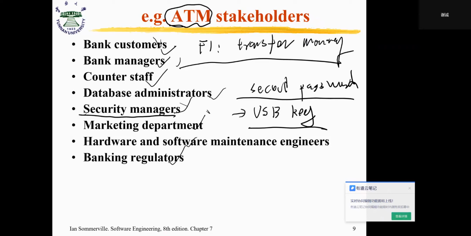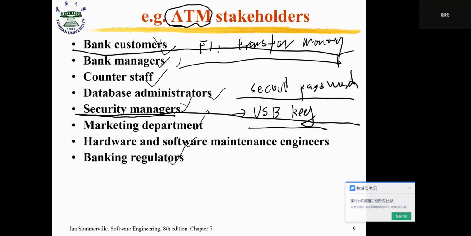Only if you plug in the USB key can you transfer. If you do not plug in this USB key, you cannot transfer. This first one is what the bank customer wants, but the bank security manager's requirement is totally different.